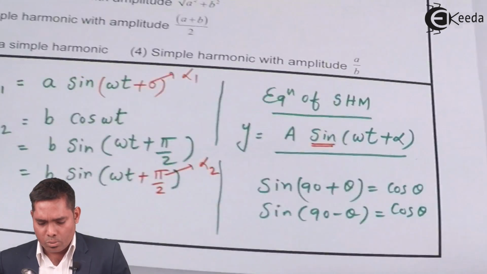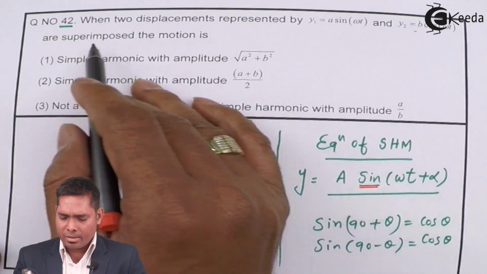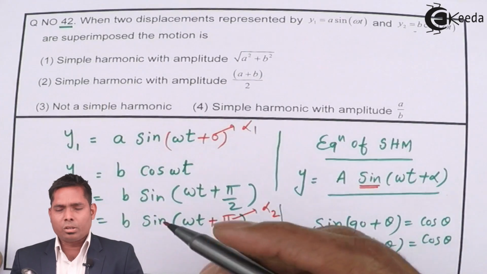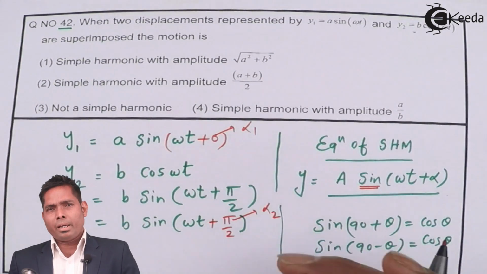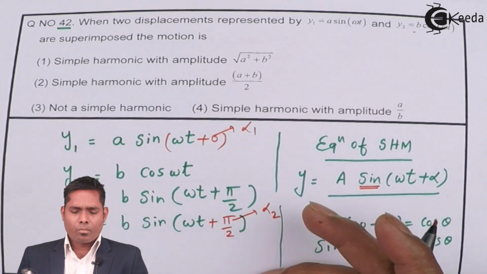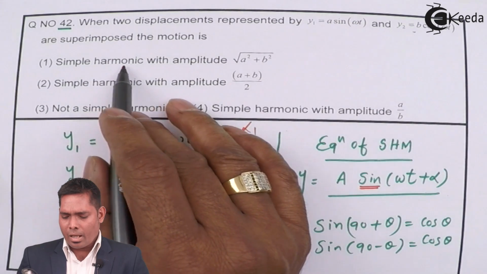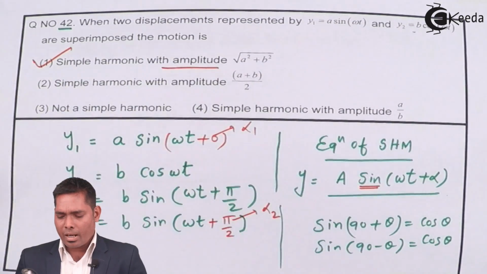Now the question is to find, when two displacements are superposed, the motion is, obviously SHM. When you add two SHM, it will be again SHM, with amplitude under root a square plus b square. So this is the correct answer.